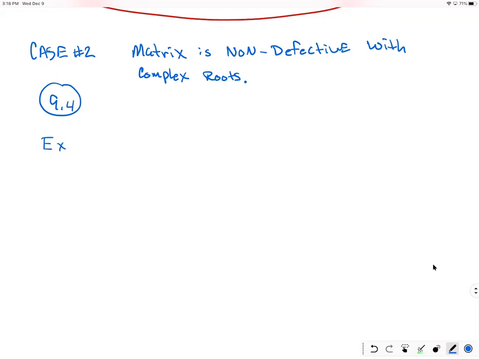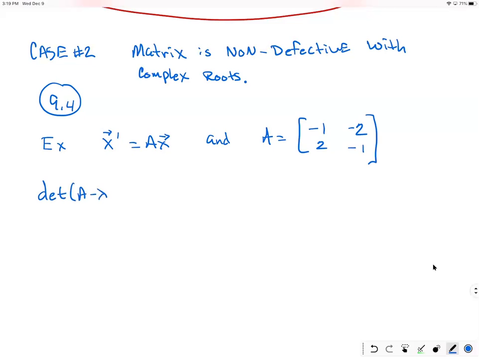So, for example, I have x derivative equals A times x, and I have an A matrix equal to -1, minus 2, 2, minus 1. And the determinant of A minus lambda I equals lambda squared plus 2 lambda plus 5 equals 0.